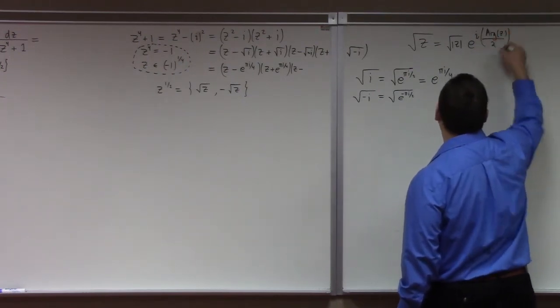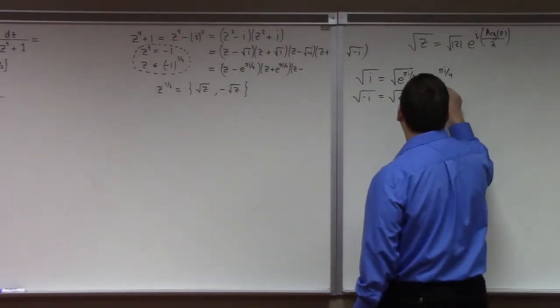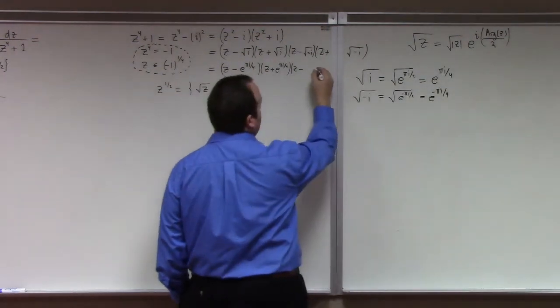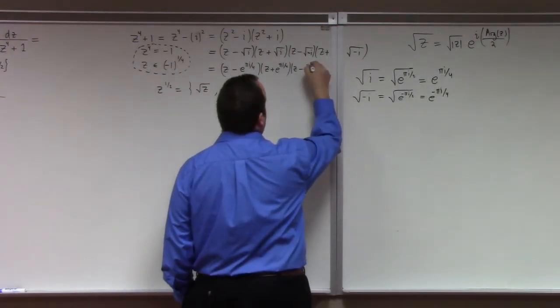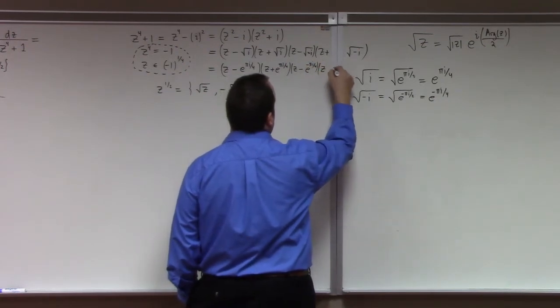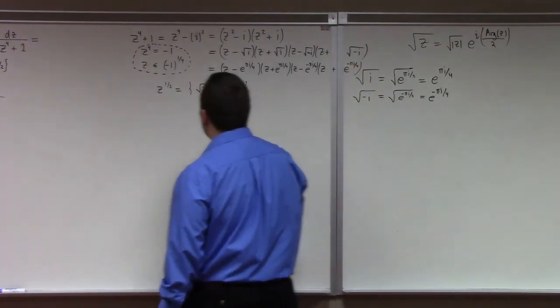That's the principal argument. So this is e to the minus pi I over 4. And so, e to the minus pi I over 4 times z plus e to the minus pi I over 4. Okay. Great.